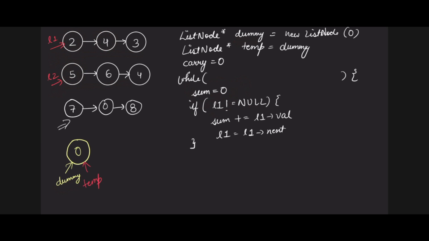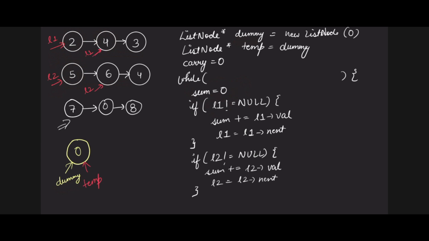So now this L1 will come here, right? Then similarly, we will do for the second linked list node. So if L2 is not equal to null, right? Then in the sum, we will add L2's value and we will move L2 forward, right? So then L1 is pointing here and now L2 will also point here, right?